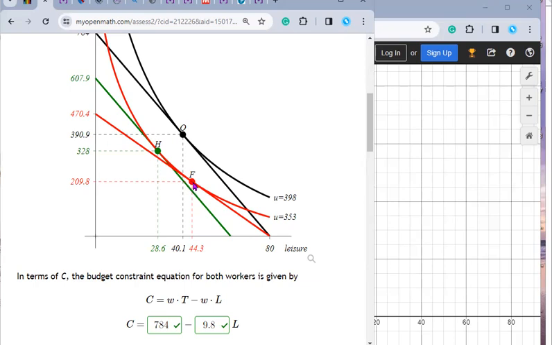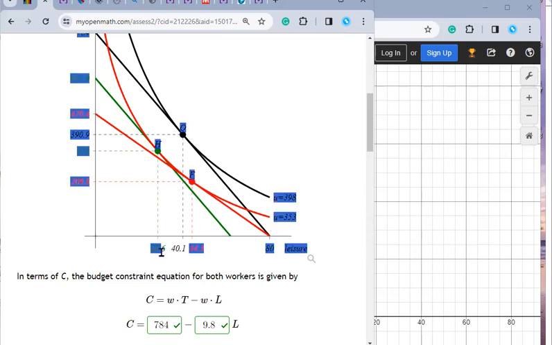So what happens if we hold utility constant? What happens to leisure, right? As the wage declines from 980 to 588. Now, remember, when the wage falls from 980 to 588, that means leisure's become cheaper. And when a good becomes cheaper, you buy more of it.